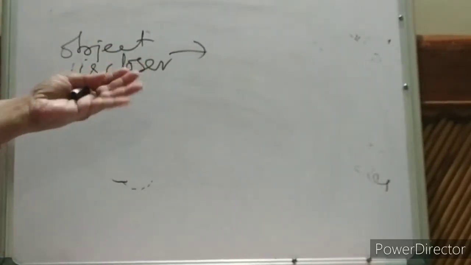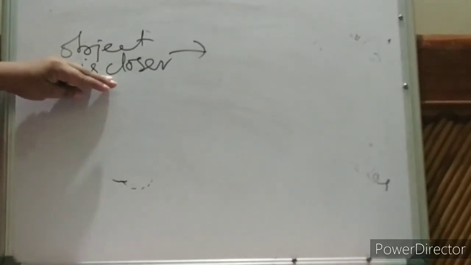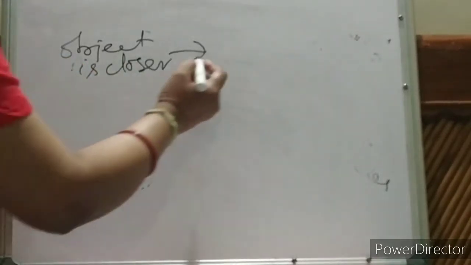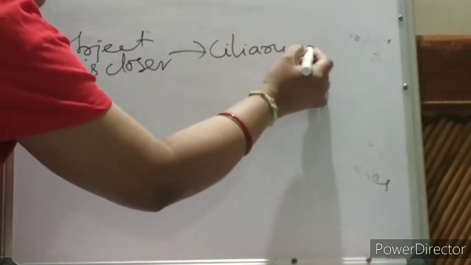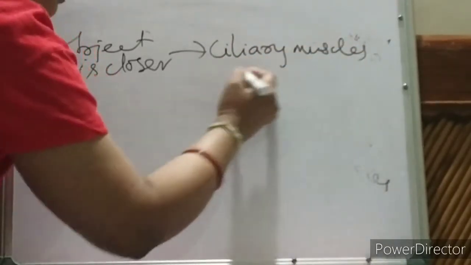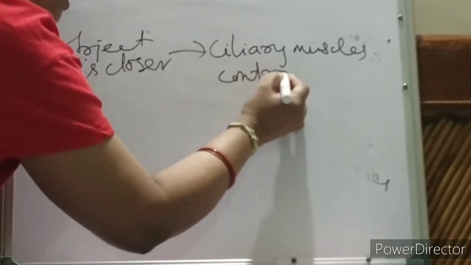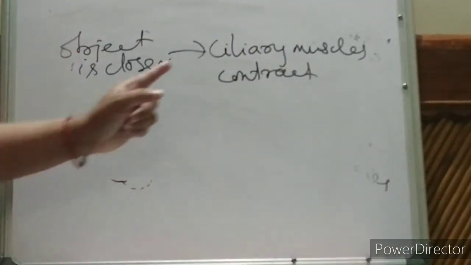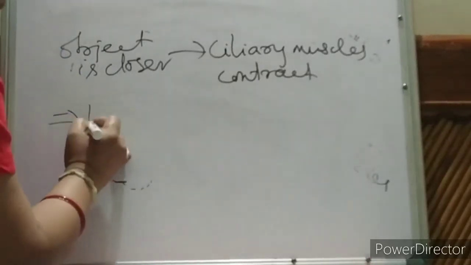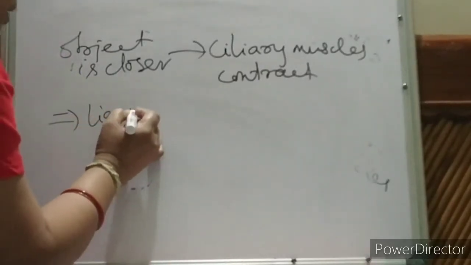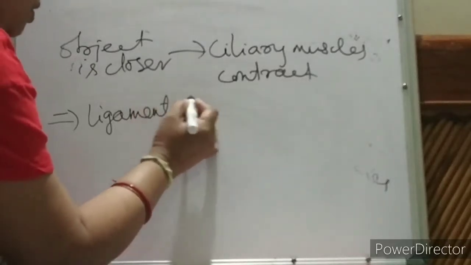So when the object is closer, ciliary muscles contract. Ciliary muscles contract means, as we have just discussed, ligaments slacken or loosen.